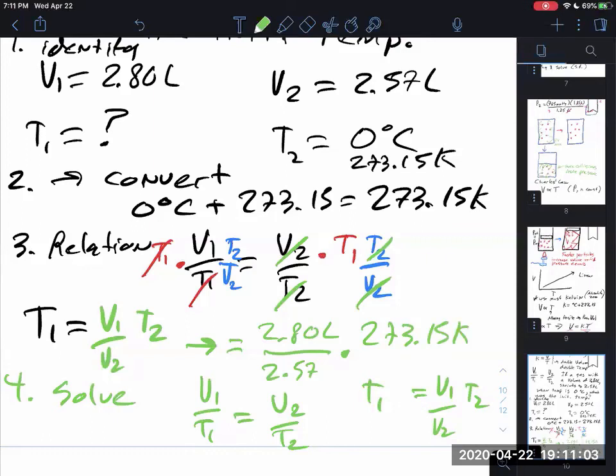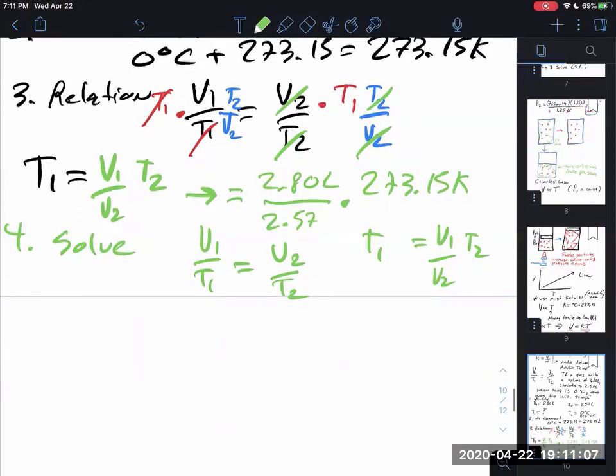So the temperature got cold and the volume went down, but the earlier temperature must have been higher. I think we also have 3 sig figs that we're stuck with here. And so T1 is then 297.595, and it's accurate to 3 sig figs. And this is Kelvin.